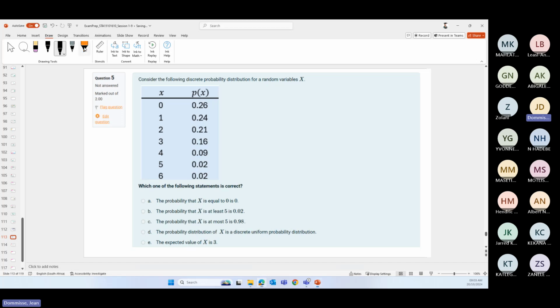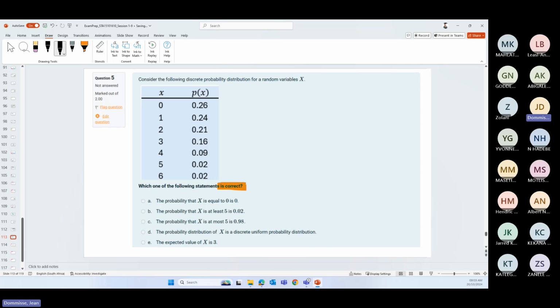So I don't want nearly to do the expected first. That might be the correct one. But again, to do expected, you need to do a lot of calculations.